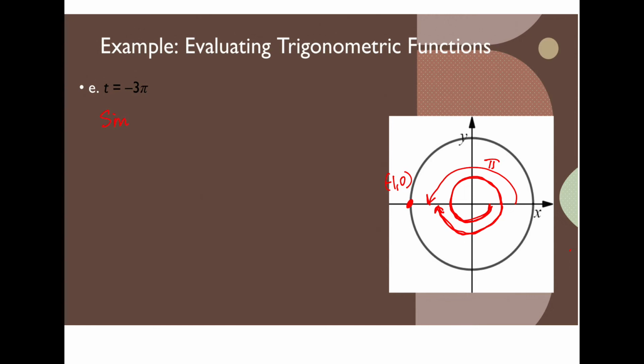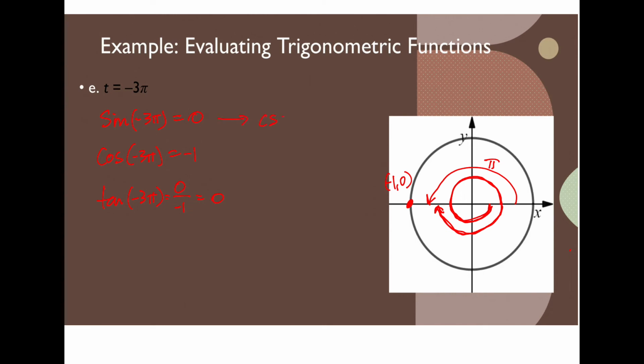The sine for that, which is the y, is at 0. For cosine, we're at -1. And for tangent, which is y over x, that would be 0 over -1, which is 0.